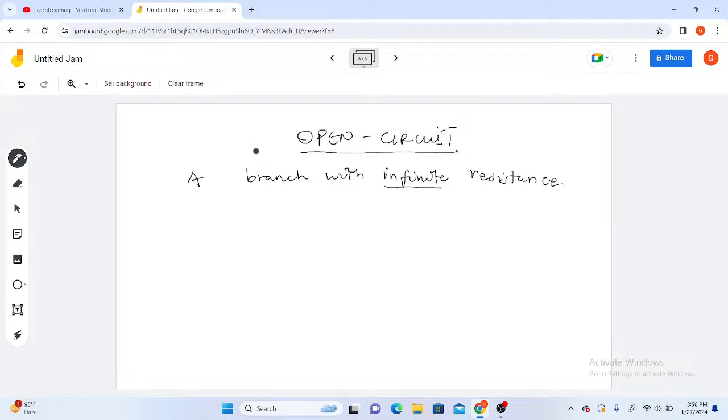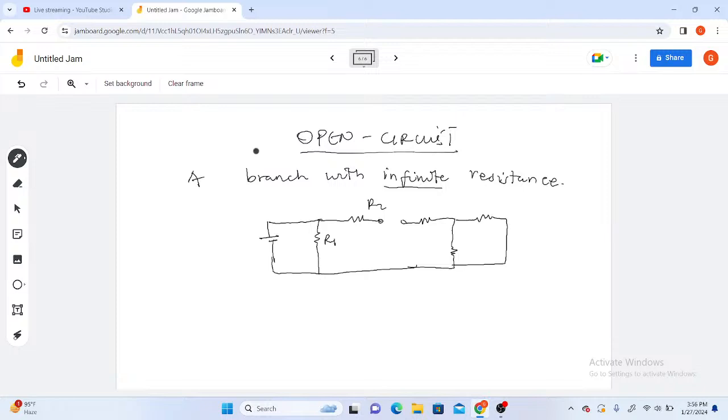So let's see. I have a source here going into R1, R2. Then it moves this way. At this place there is an open branch here. Then to this side.